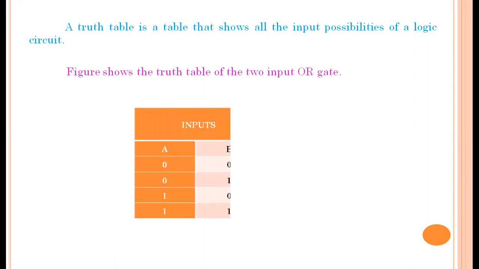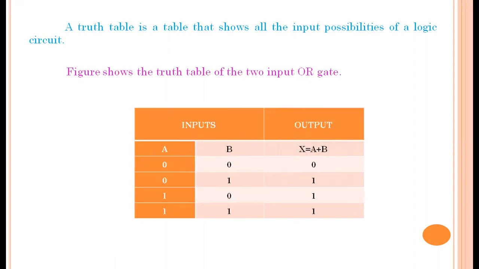Now the truth table. If there are two inputs, A and B, we know in the binary number system only 0 and 1 are possible. So two inputs give 2 squared, that is 4 combinations: 0 0, 0 1, 1 0, and 1 1.